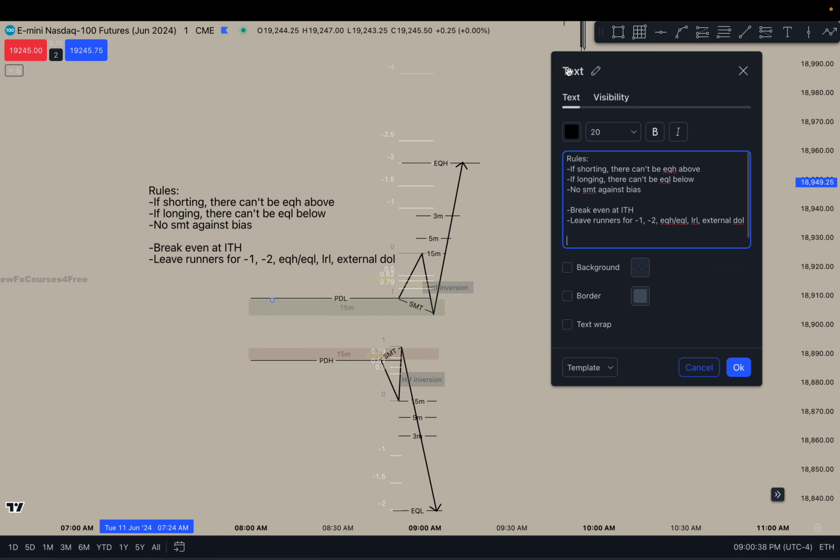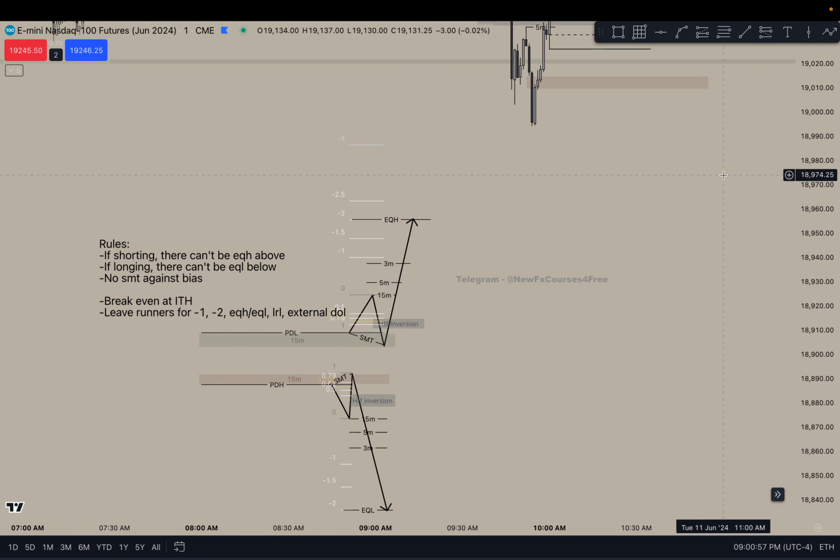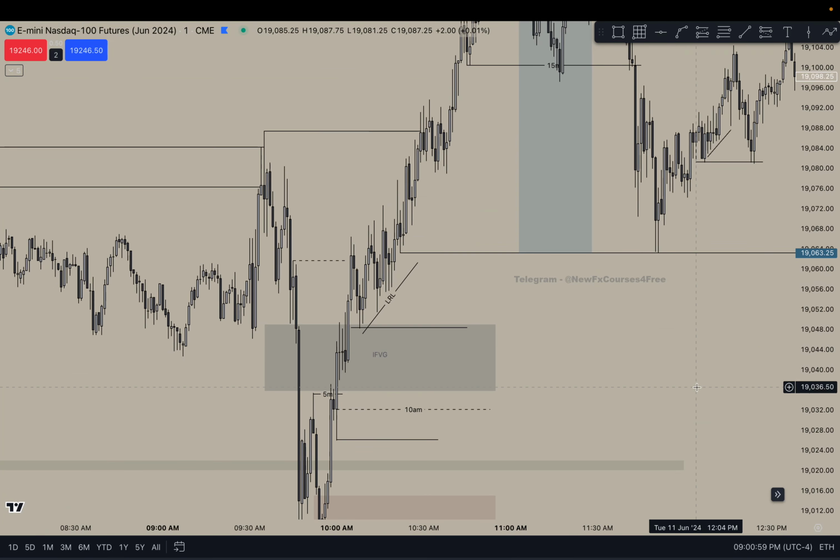Again, unless this is an A plus example, unless you have a super clear draw. But most of the time, honestly, I don't want to take this off, but this is the thing with SMT. All right, so this is kind of different, honestly.